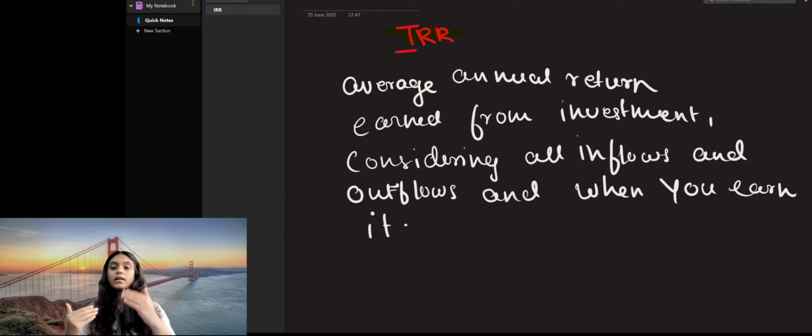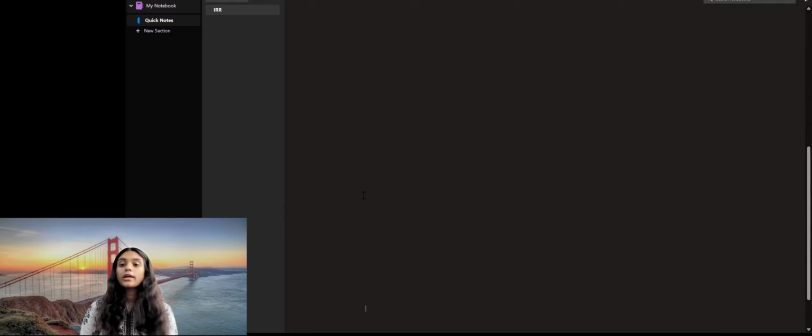The returns are your inflows, and the capital that you have invested is the outflow. And one of the major things is when you earn it is also important, because IRR considers both inflows and outflows. Okay, so moving ahead, let's take an example so that you understand what IRR is.